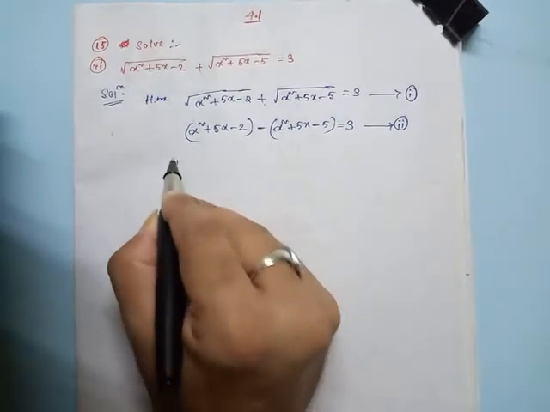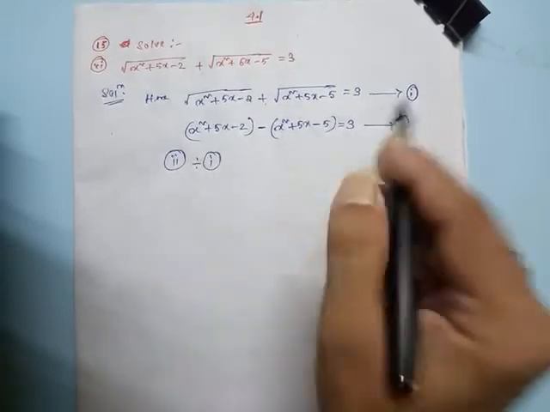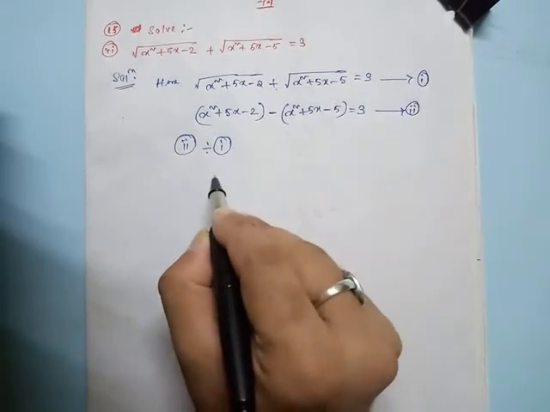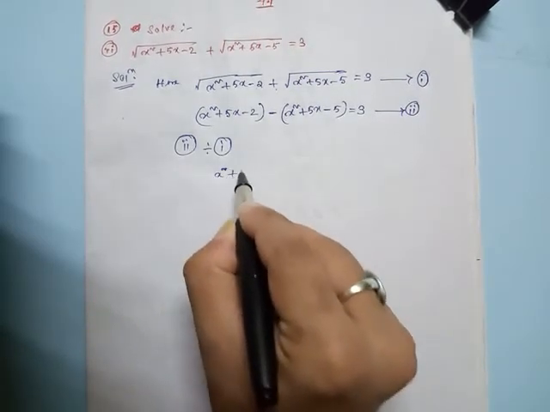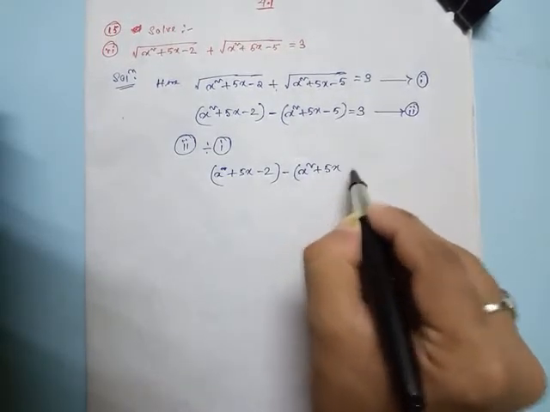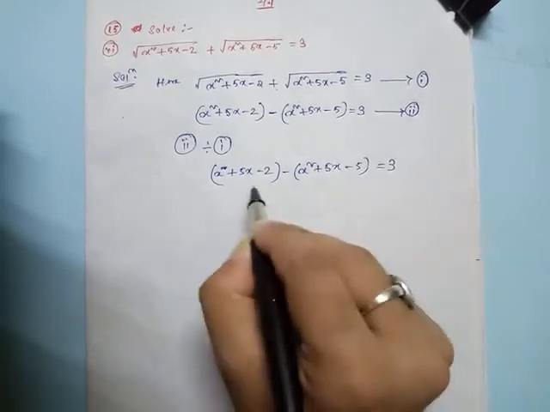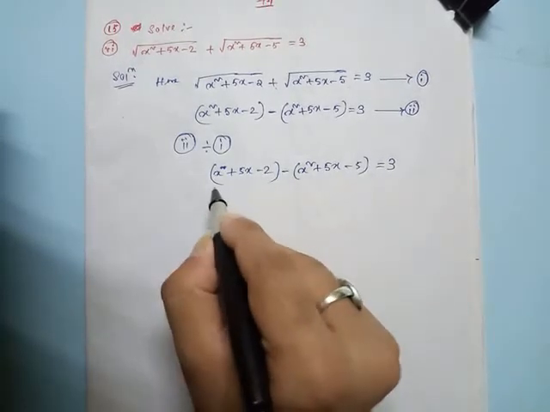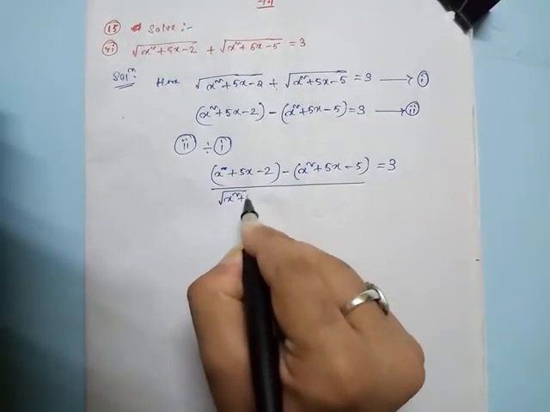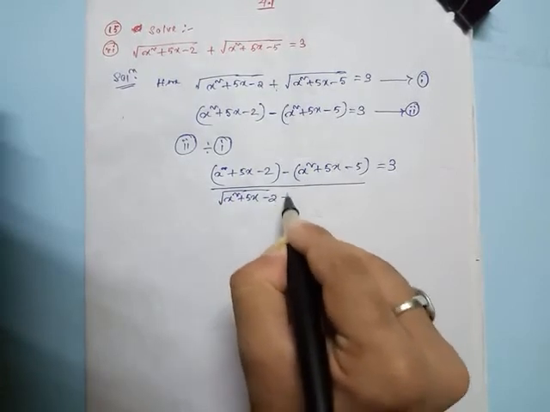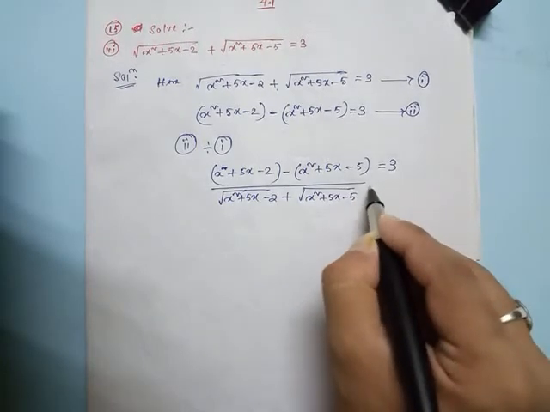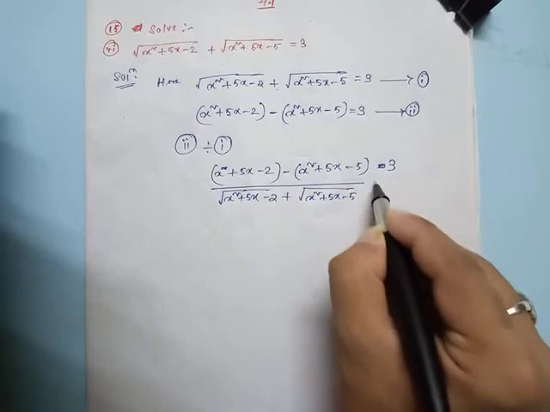Now look student, equation 2 will be divided by equation number 1. First of all, (x square + 5x - 2) minus (x square + 5x - 5) equal to 3. This is equation number 2, and it will be divided by equation number 1, which means (x square + 5x - 2) plus (x square + 5x - 5), and equal to.